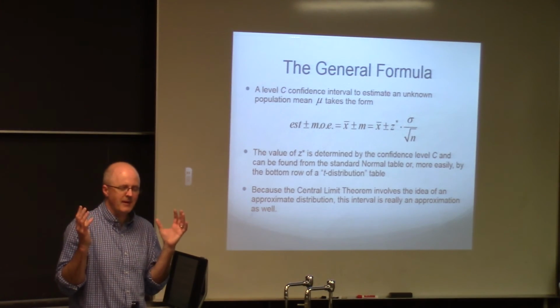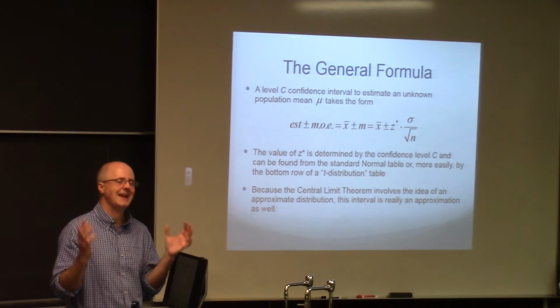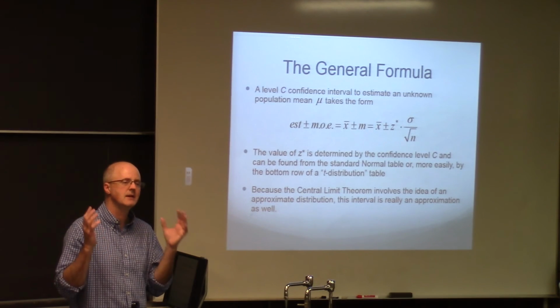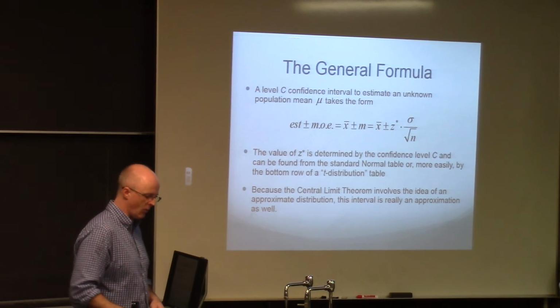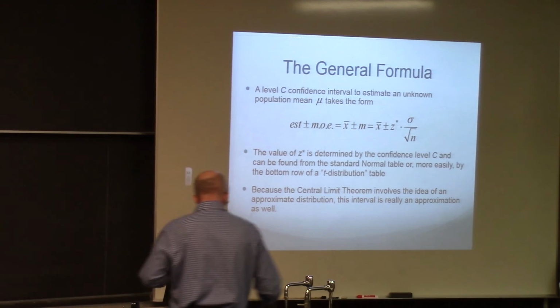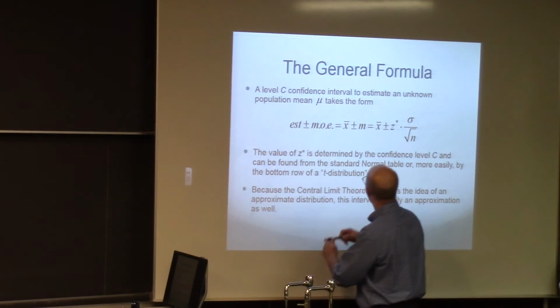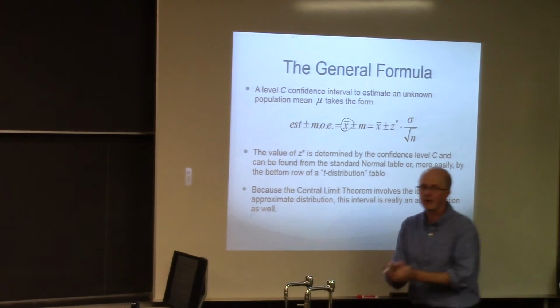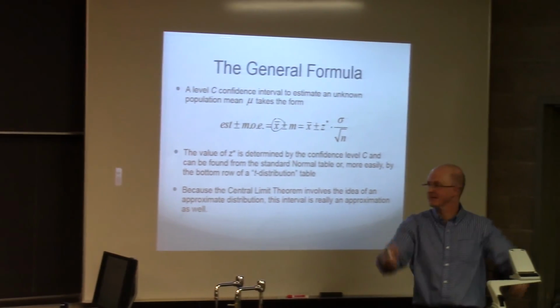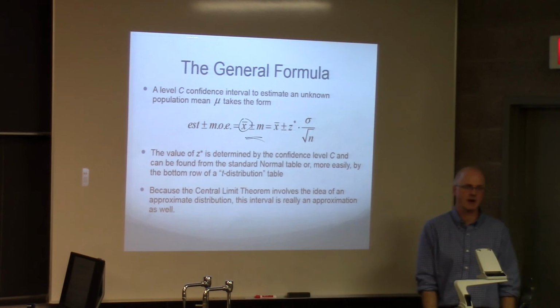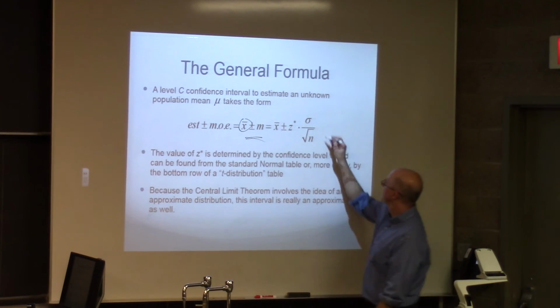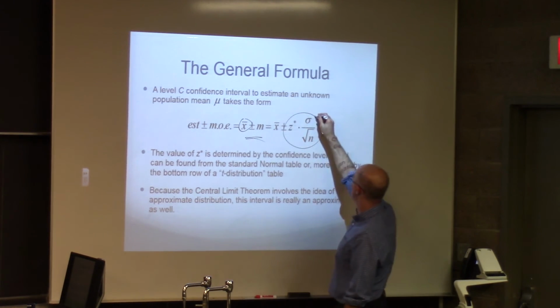Remind yourselves about what this is for. We are trying to estimate a population mean mu. Instead of taking our 1-point estimate, x bar, we're expanding it to an interval estimate, x bar plus or minus m. M is called the margin of error. The formula for the margin of error takes this form.